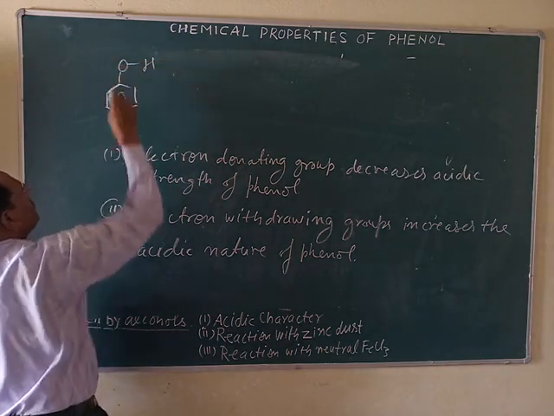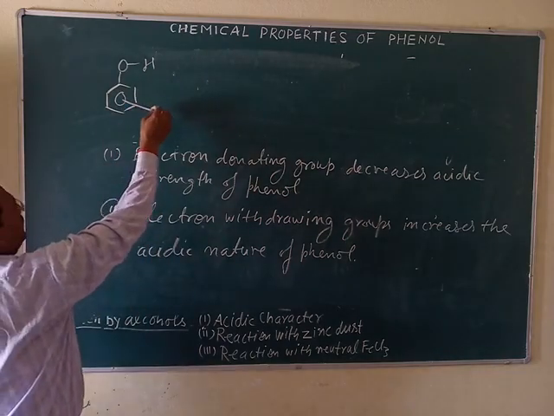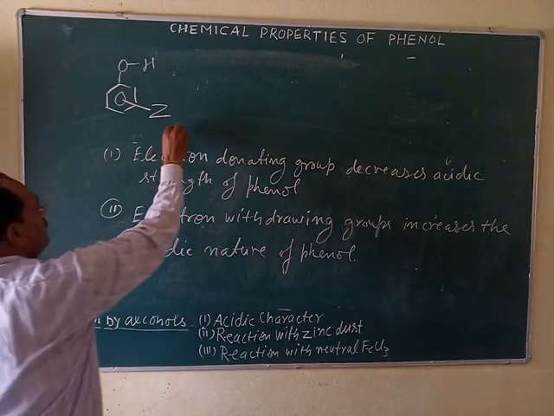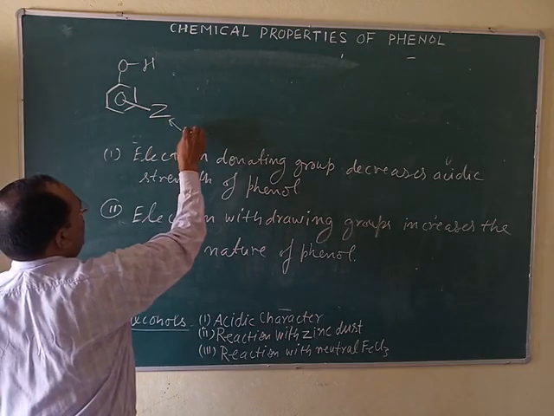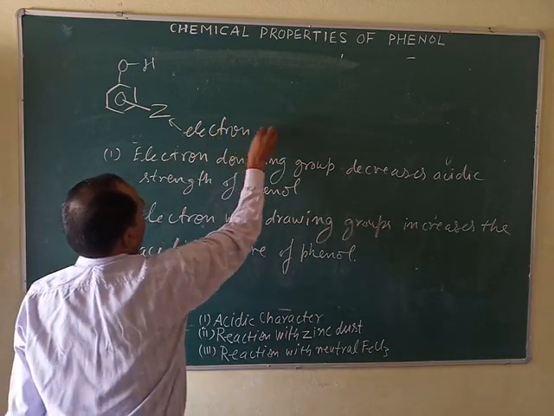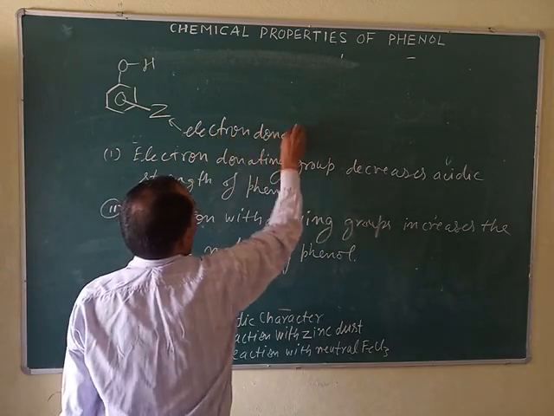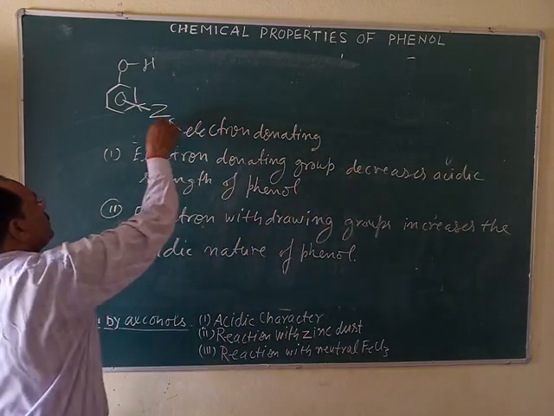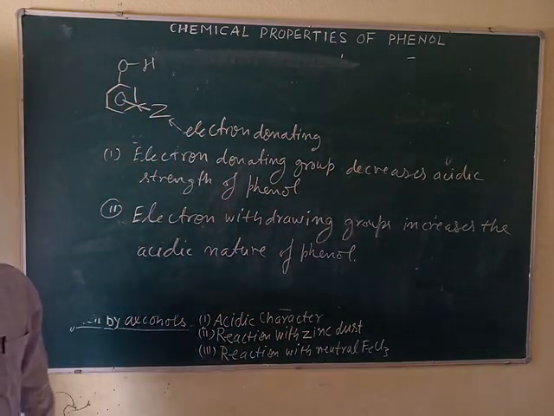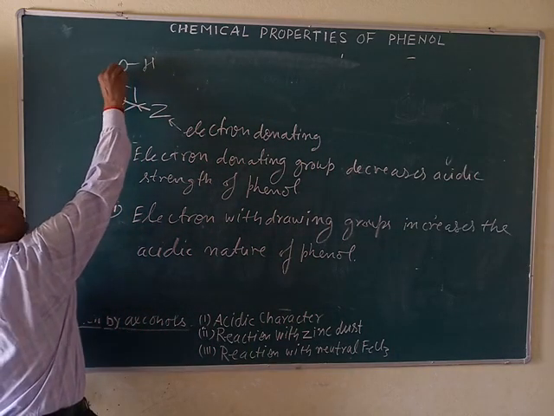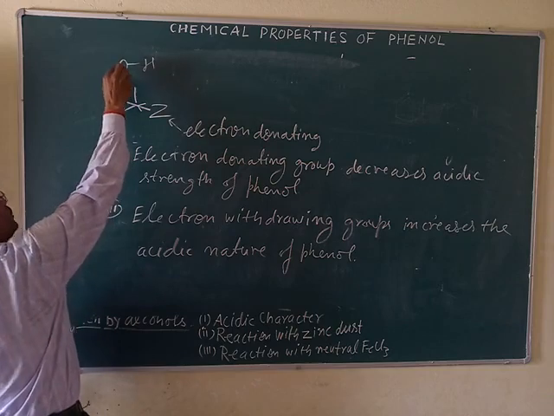This is phenol. Suppose Z is a substituent which is an electron donating group. It is electron donating in nature, means it donates electron to the benzene. As electron density increases in the benzene ring, electron density on oxygen also increases.